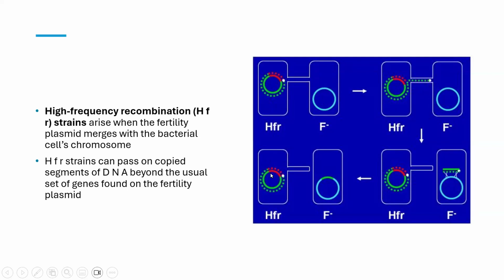And once it does that, it's going to break off. Oh, wrong direction. So once it does that, it can go through recombination where this section gets inserted into the F minus. And then ultimately the genome has some of the HFR strain's genome in it when they break apart completely.